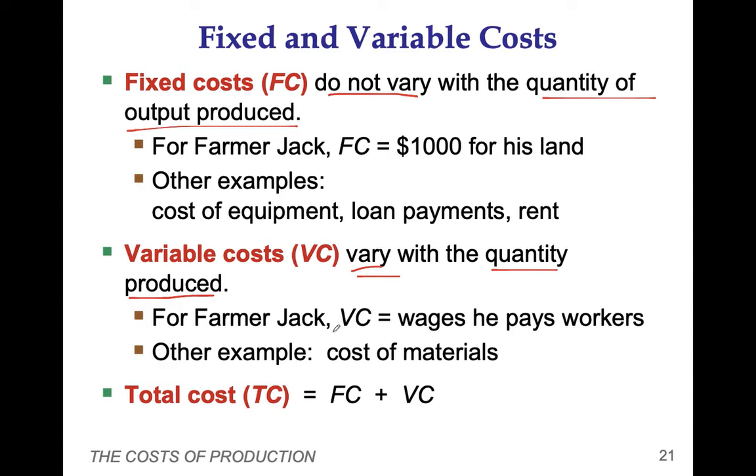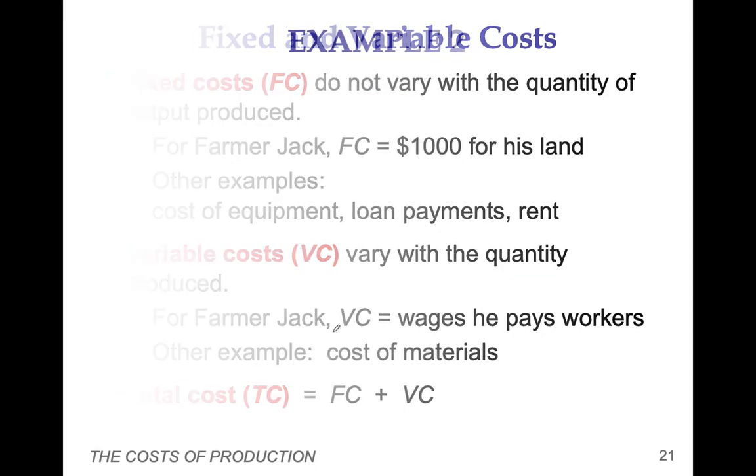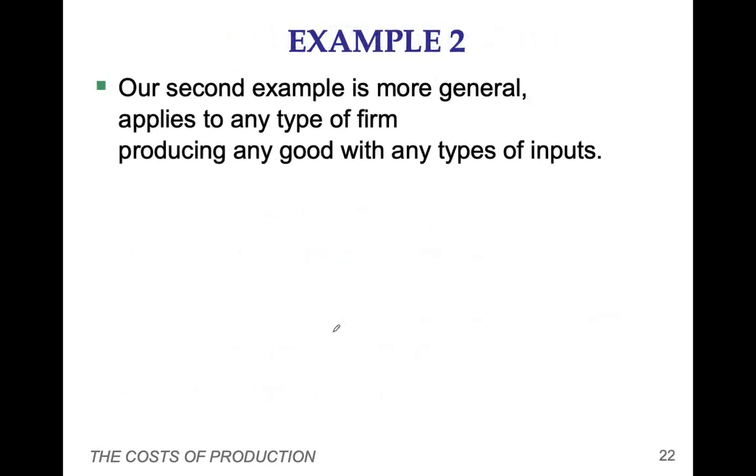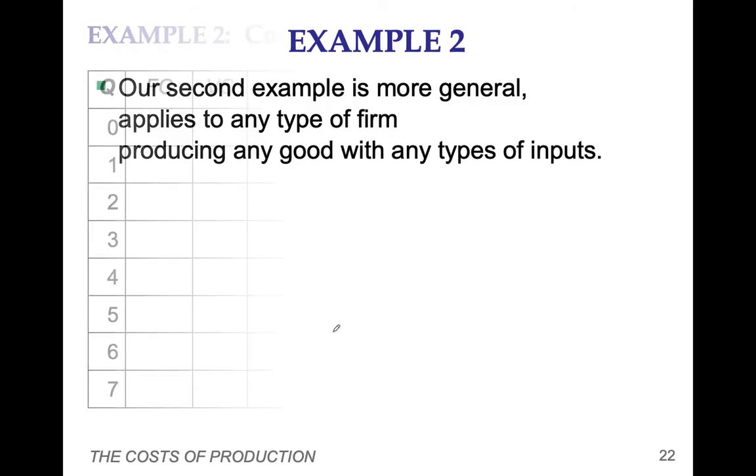So total cost is always equal to fixed costs plus variable costs. Example 2: our second example is more general, applies to any type of firm producing any good with any types of inputs. So here we will generalize.